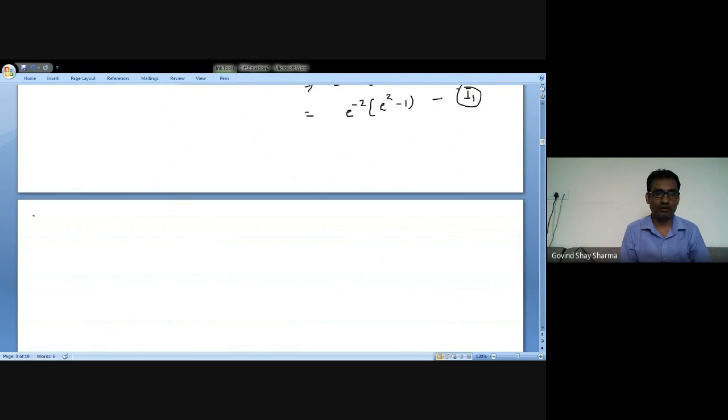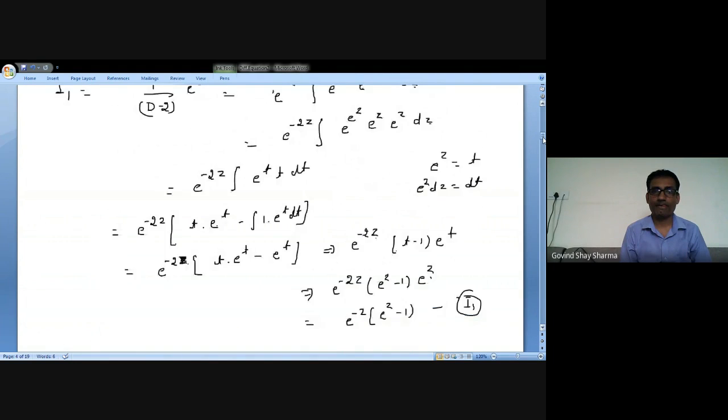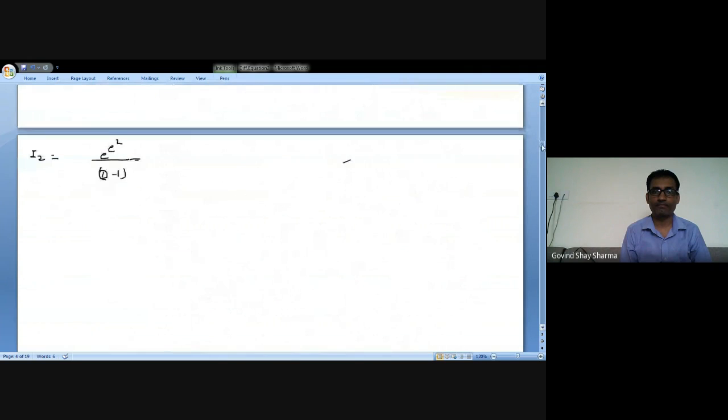Now we apply I2. The I2 part is e to power z upon D minus 1.